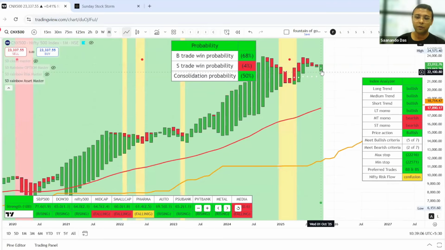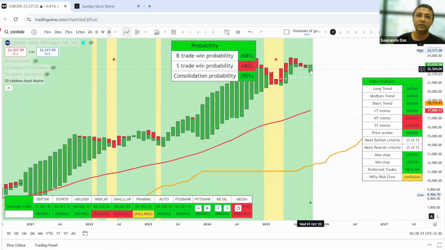Here also, for the first time since last October, almost a year, I am witnessing a full green candle with a white cross inside the body. That means the October price action will be very, very important. And if we can continue with this full green candle, this is very positive for the Indian equity market.